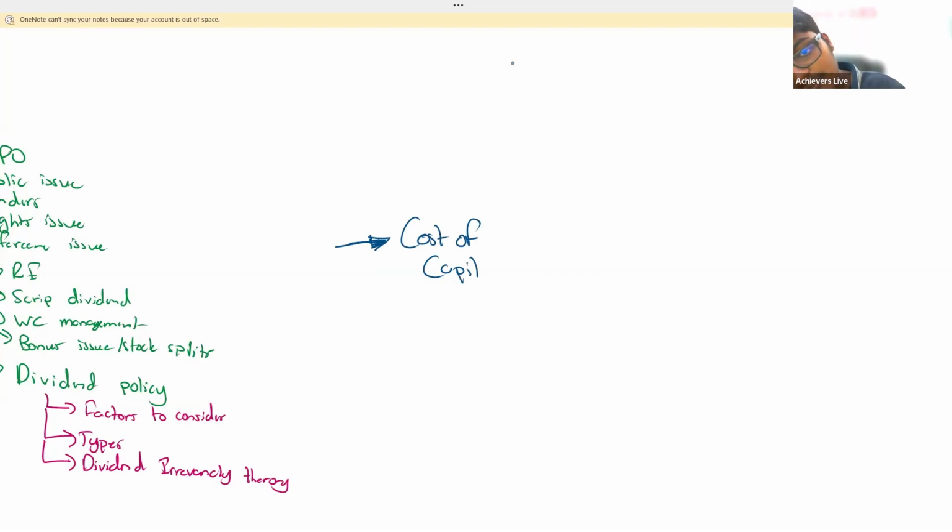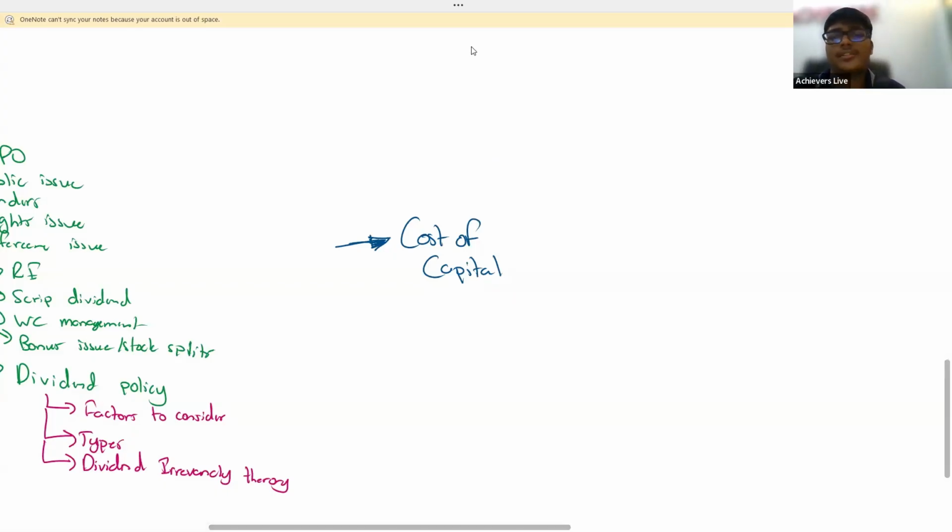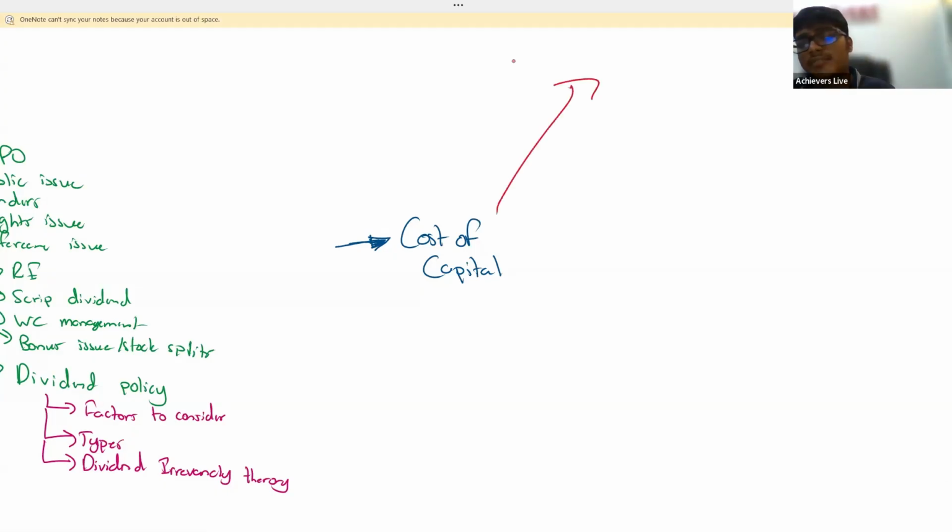Cost of capital. Cost of capital calculation. So what do you have? We are starting with cost of equity. Then you have cost of preference shares.